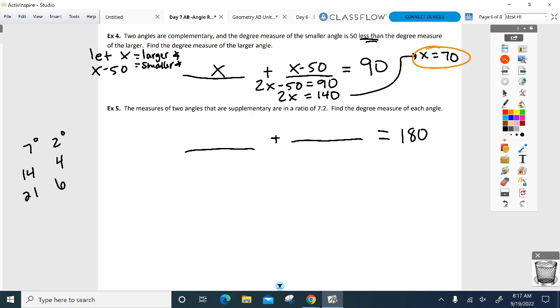Let's do this mathematically now. 7 times what, plus 2 times that same number. I'm trying to find what I need to multiply 7 and 2 by so that when I add them together I get 180. So when I have numbers in a ratio, I'm asking you to put x's with those numbers.